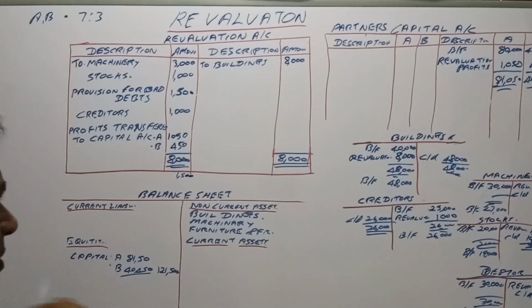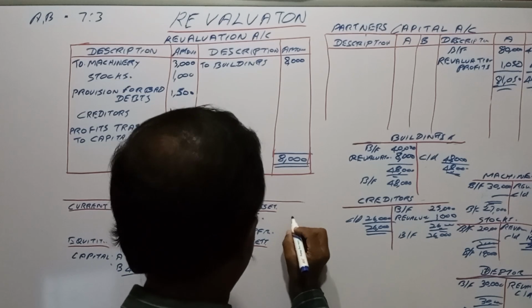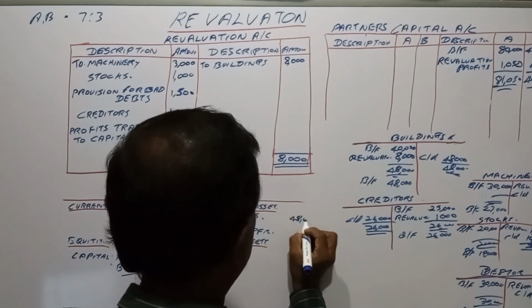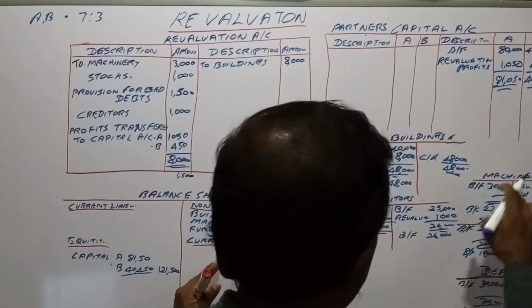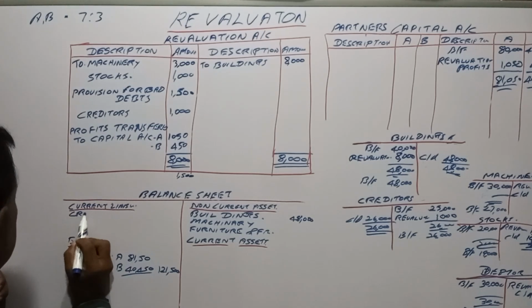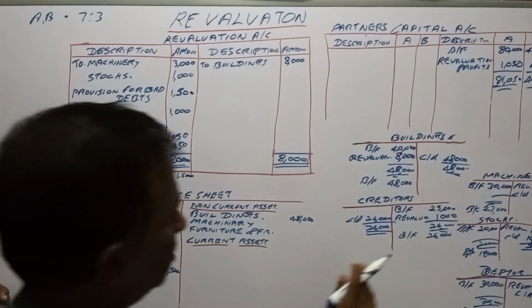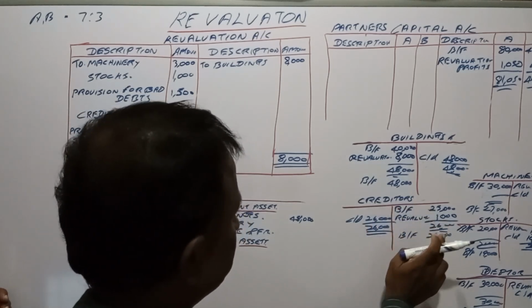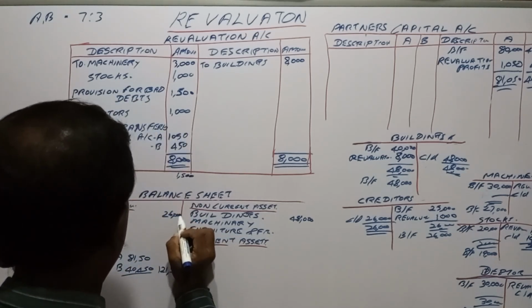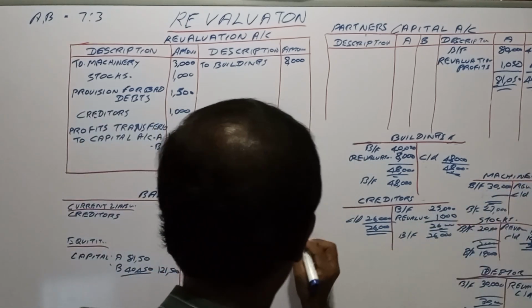121,500, right? Here we will take buildings 48,000. Machinery, creditors. Creditors how much? 26,000. Machinery how much? 27,000.